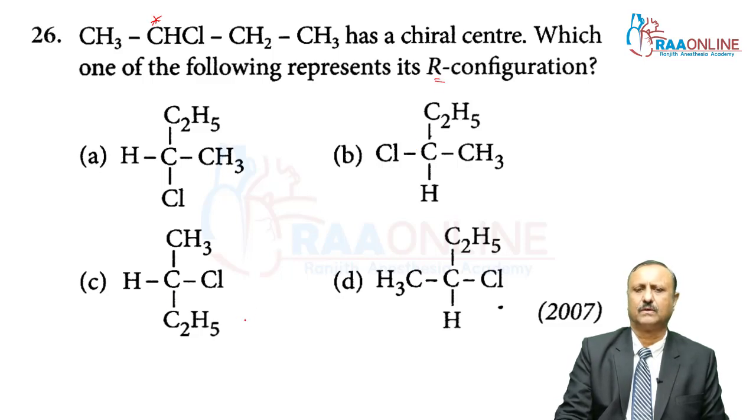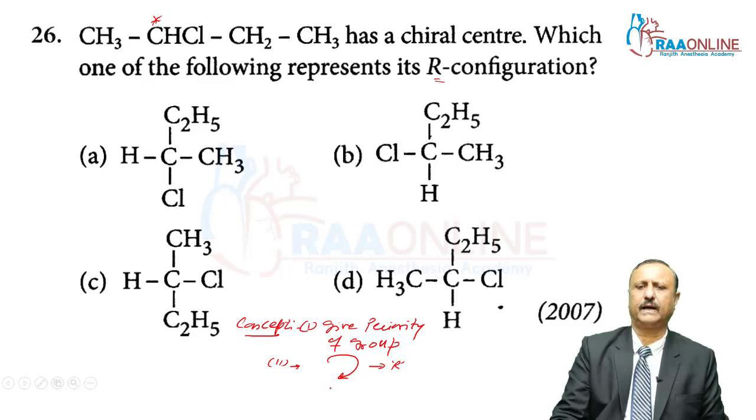My dear students, first we give the priority of groups, and second, if the direction is clockwise, then it is R. Hydrogen is always kept below. Here you can see in B and D, hydrogen is present below.